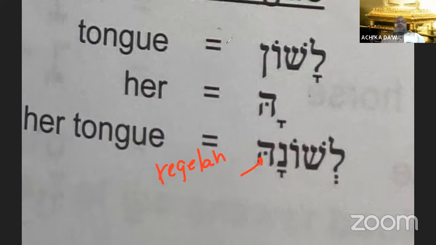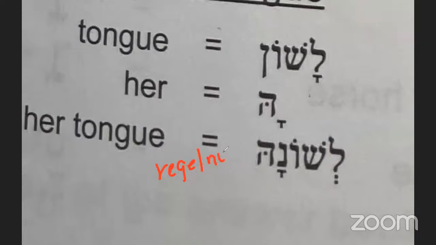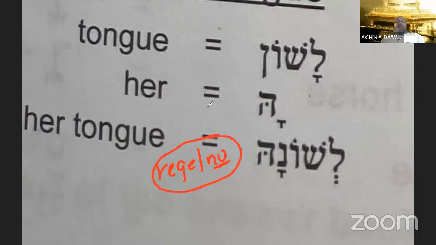If I was to say our foot, regale nu. That's our foot. What if I'm talking to you, Kel, and I said, "Hey, I want to see your foot." What would I say?